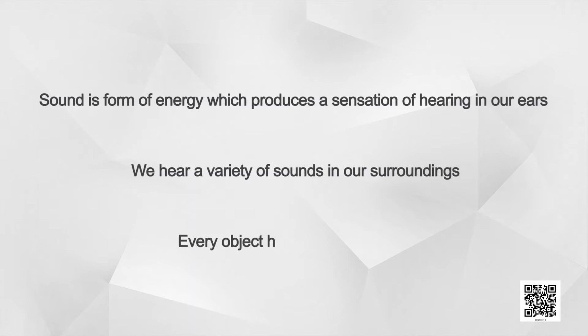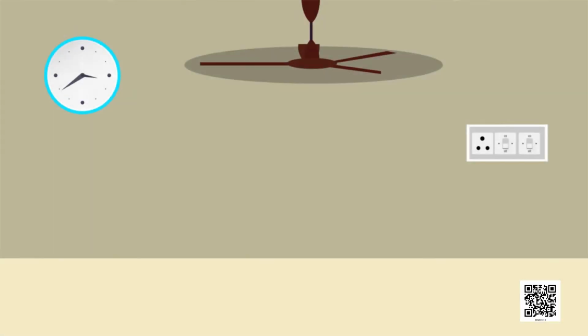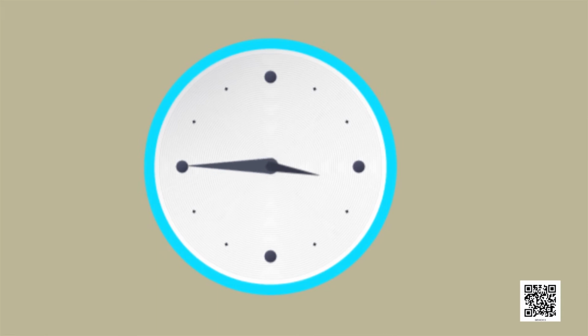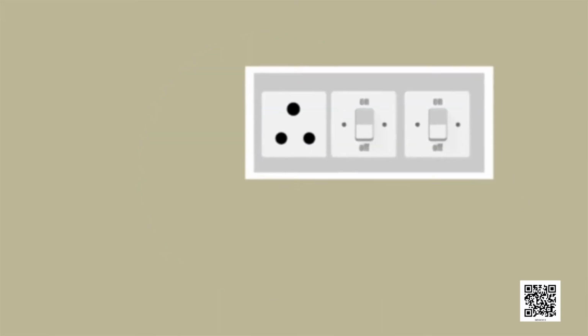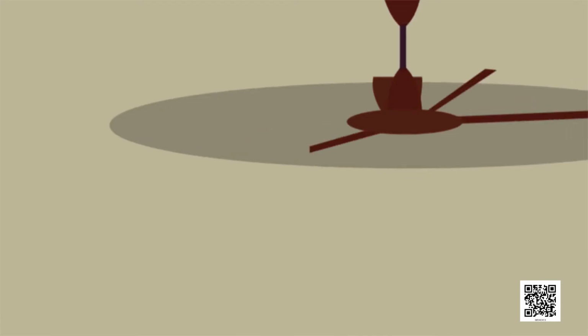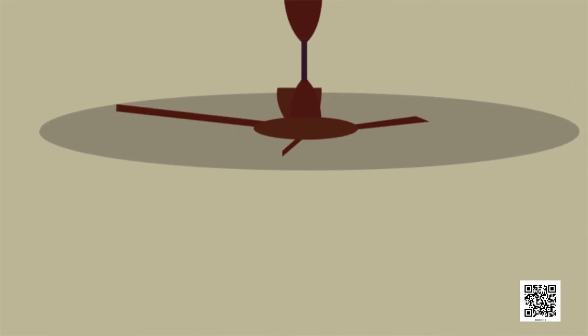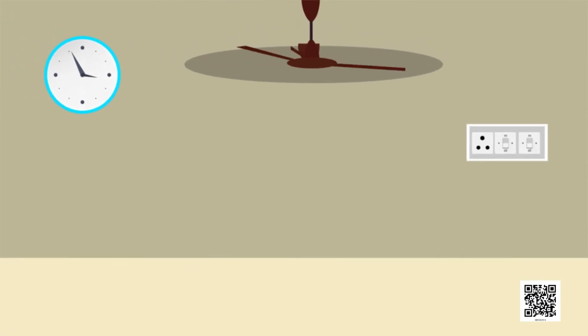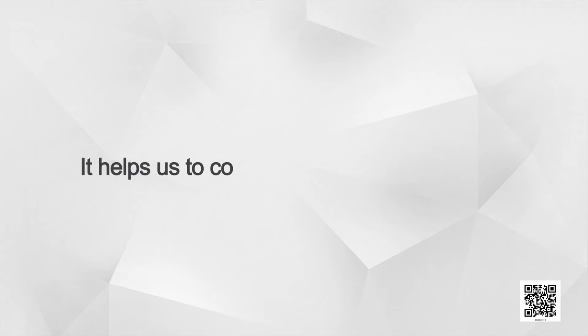Every object has its specific sound, like the tick-tock sound of the needles of a clock, the sound of a switch while switching it on or off, or the sound of a fan during its rotation. So, in this way, sound plays an important role in our lives. It helps us to communicate with one another.